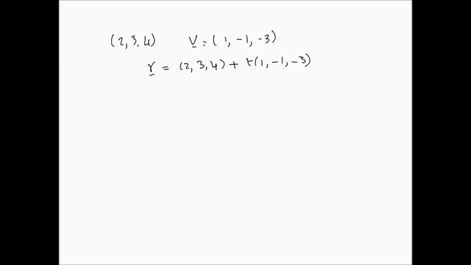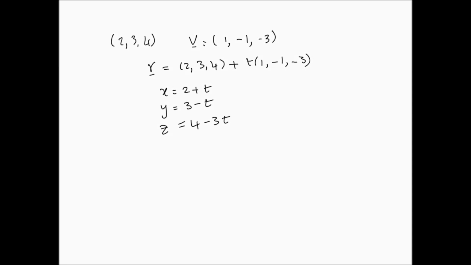And the parametrization of the equation of this line will be x equal to 2 plus t, y equal to 3 minus t, and z equal to 4 minus 3t. Those would be the parametrized equations.